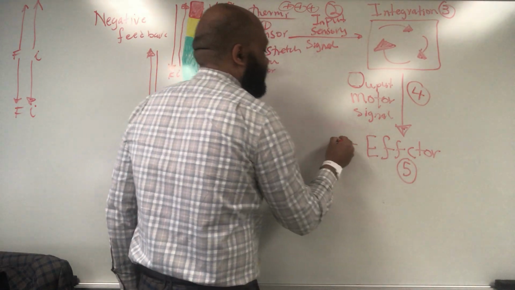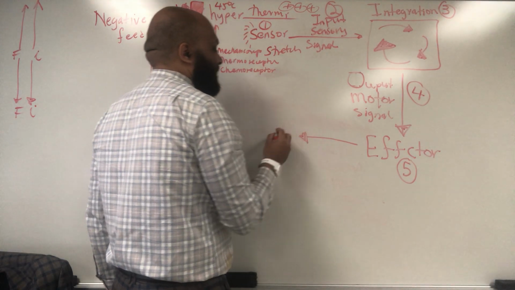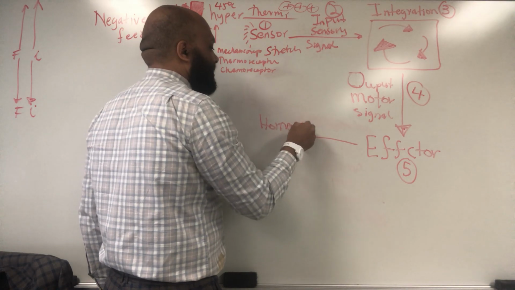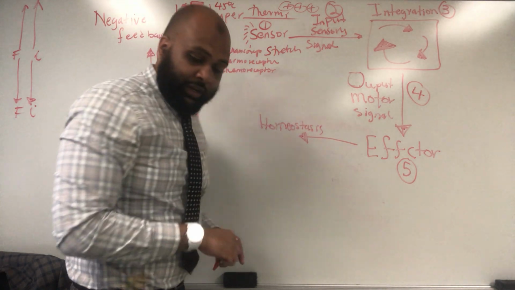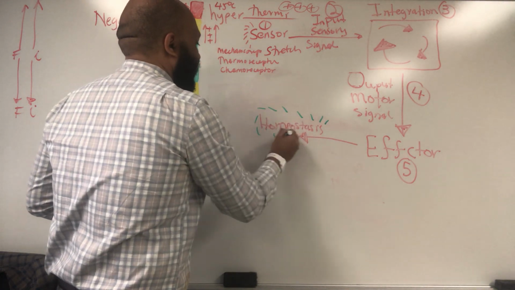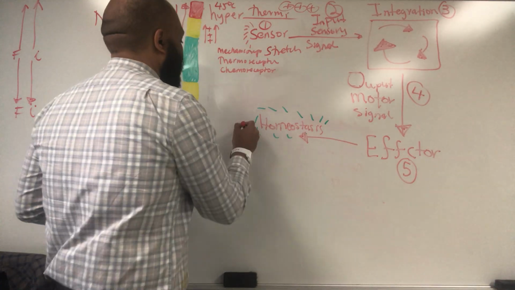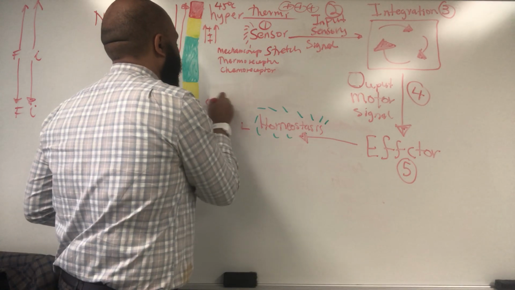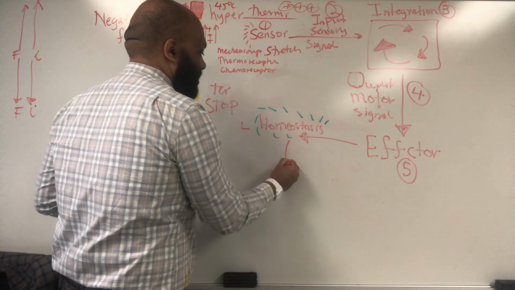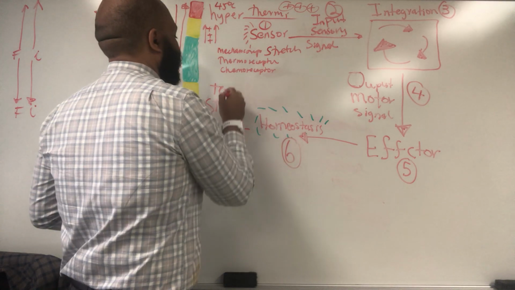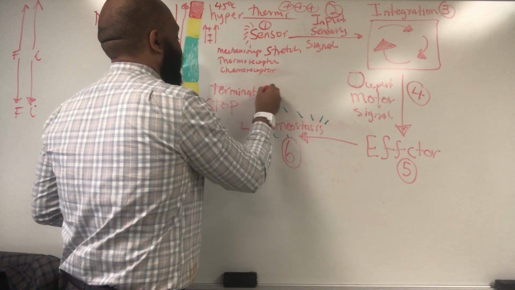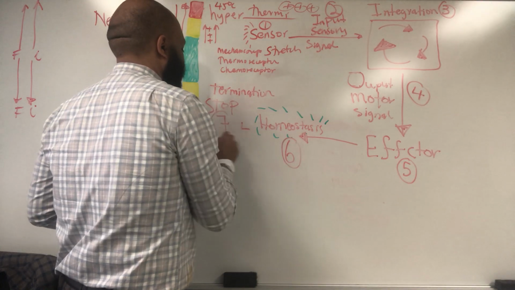Then step number 6, the effector is going to help us achieve homeostasis, and that is green. Now we have achieved homeostasis. That's what we need. And after we achieve homeostasis, we must stop and terminate the response, termination. So homeostasis, step number 6, and then stop or termination, that is step number 7.